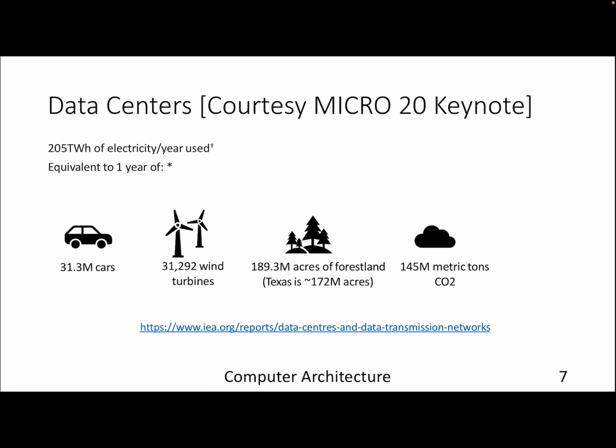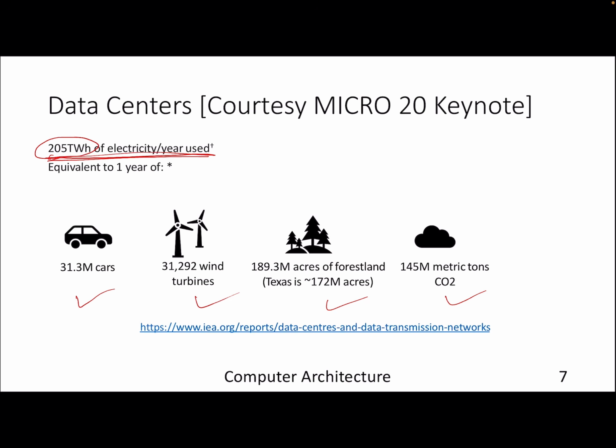So this is the example that I was talking about, data centers. You can correlate the electricity used per year by data centers with various things, and you can see how significant it is, right?